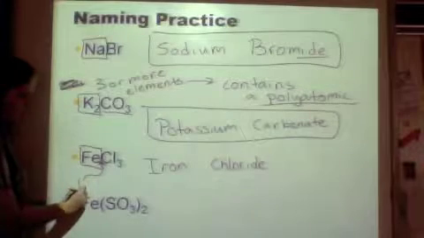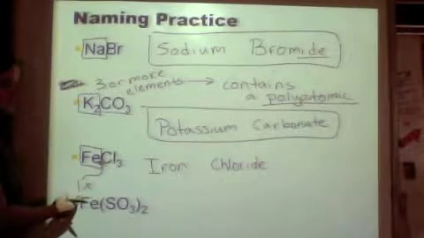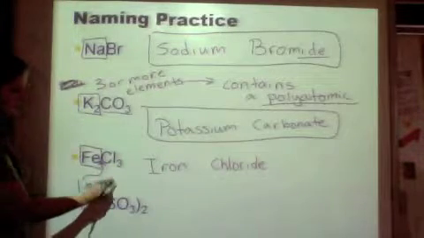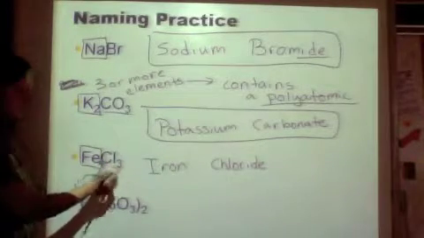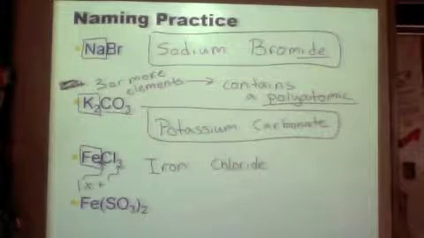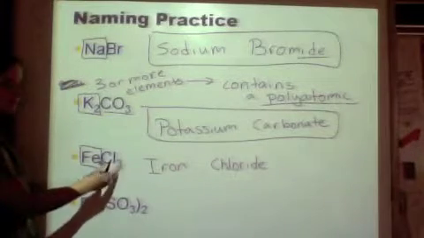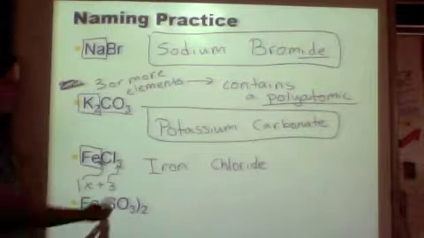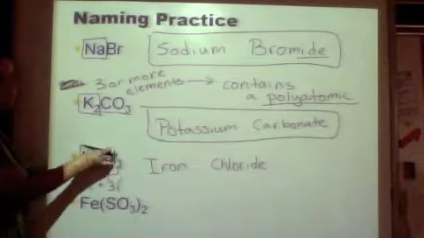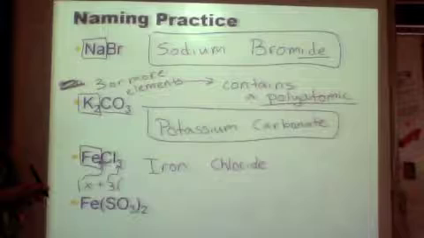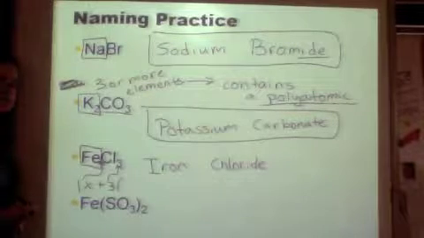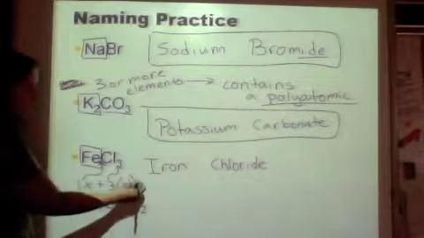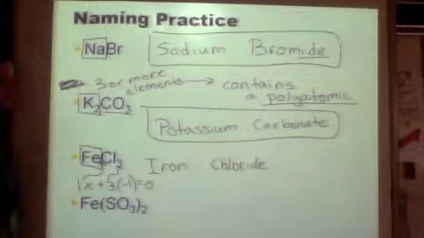No, so that's 1x. So this first number is how many irons you have, plus how many of your nonmetal you have. So you look at the subscript of the nonmetal. So this is 3 times the charge of chlorine. We know the charge of chlorine because it's in group 17. Everything in group 17 is -1. All of this equals 0.